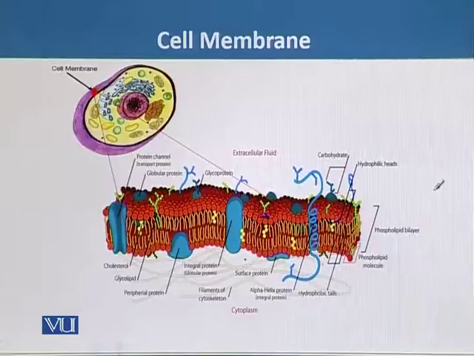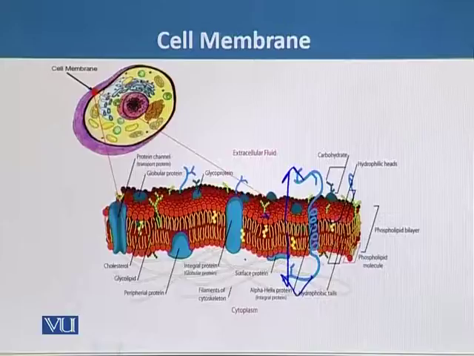So this is the cell membrane. Cell membrane is also called the plasma membrane. Its chief function is to regulate and control transport out and in of the cell. So it forms a boundary between outside of the cell and inside of the cell. So inside of the cell means cytoplasm.